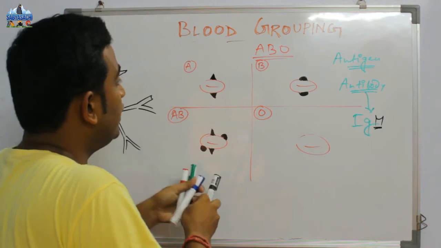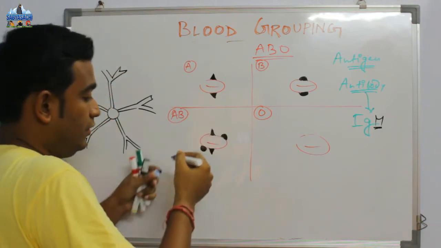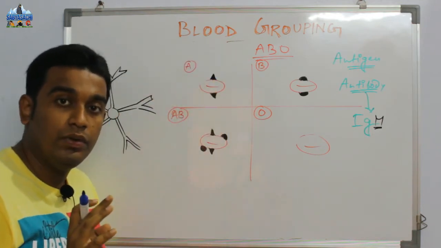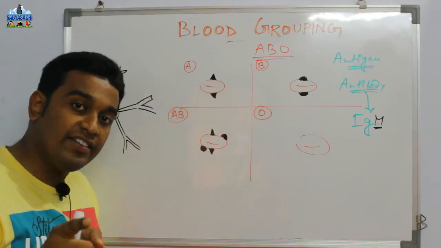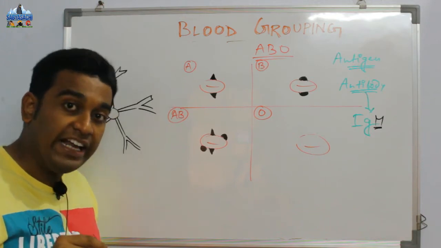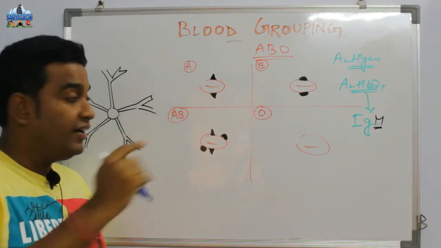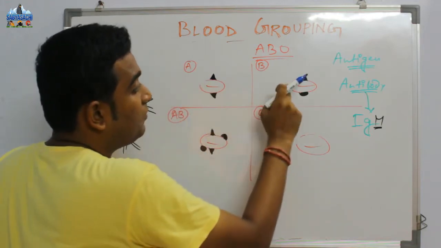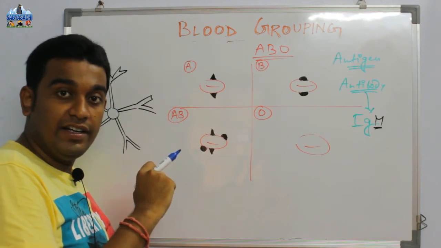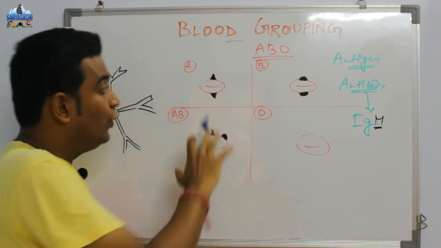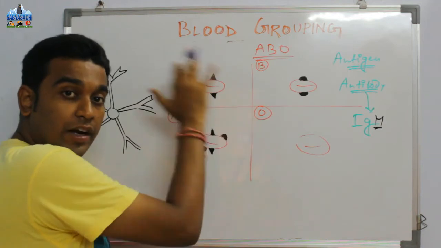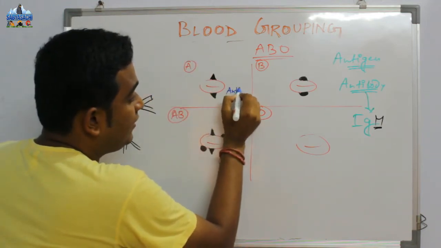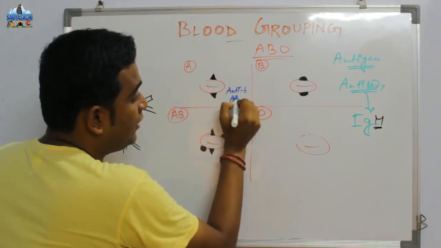Now here, if you have A as a blood group, that means you will have A as an antigen and you will have an antibody against the B antigen. So the plasma of the A blood group will have anti-B antibody.